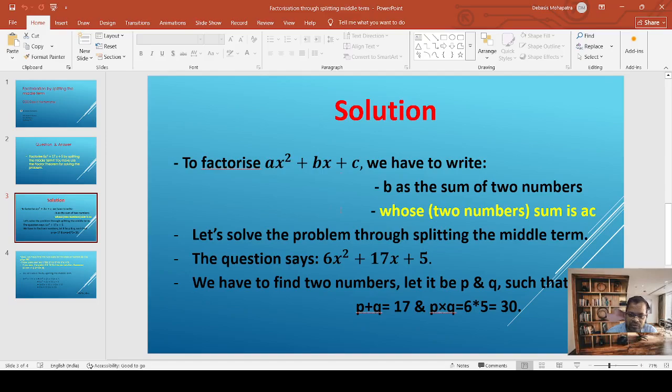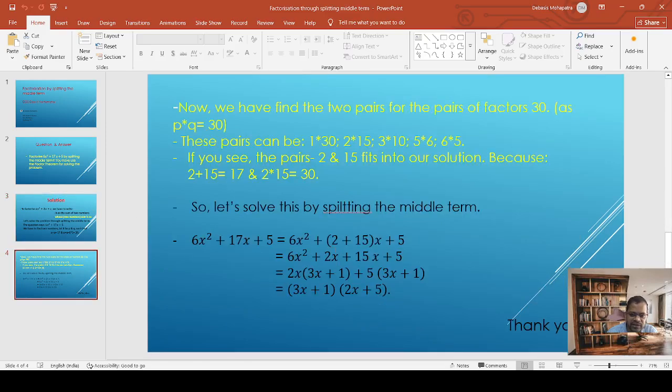Here p times q is 30 and p plus q is 17. So we split the 17x, the middle term, to factorize this equation.